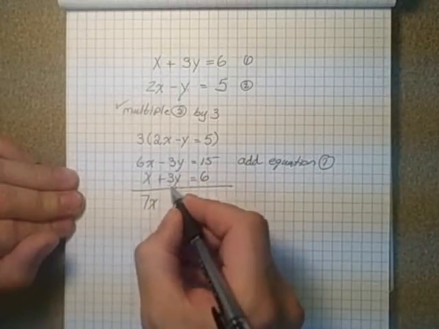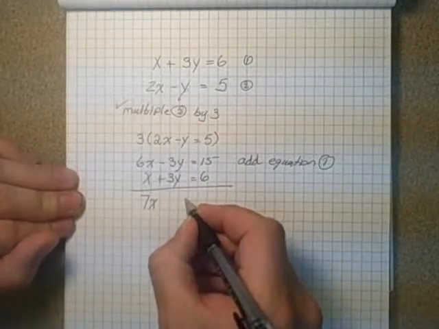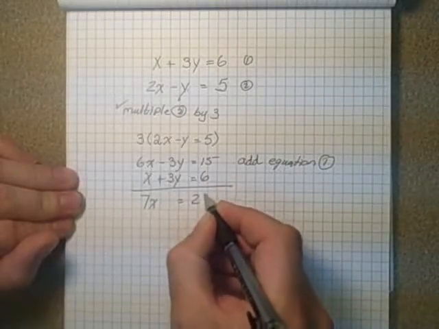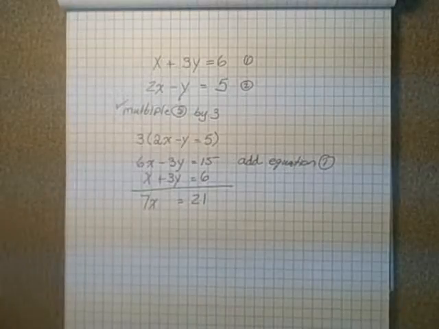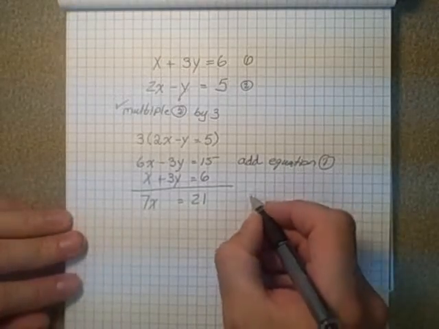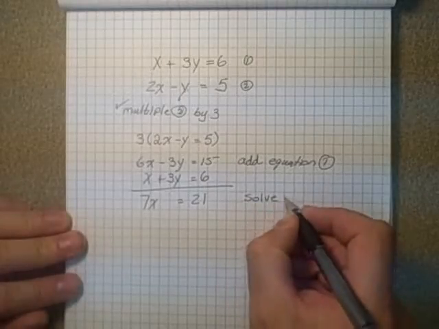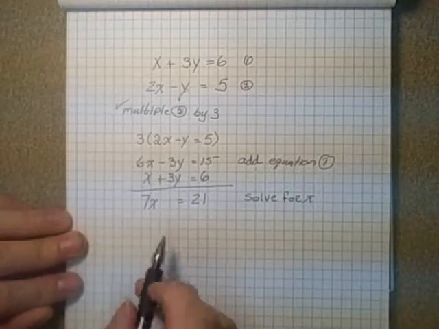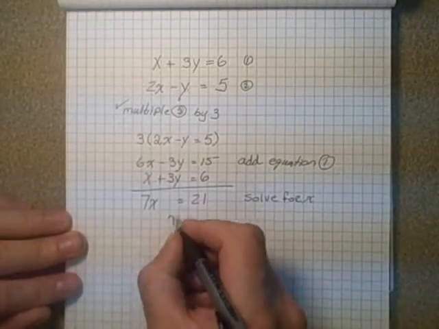Negative 3y plus 3y is 0y. And 15 and 6 is 21. Okay, then I solve for x. So solving for x here, we divide by 7 on both sides, and x is equal to 3.